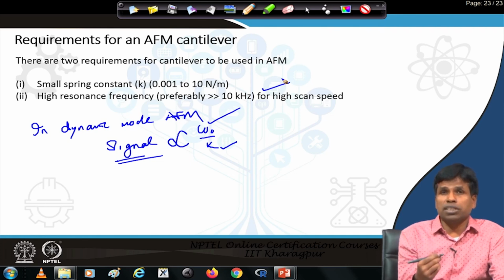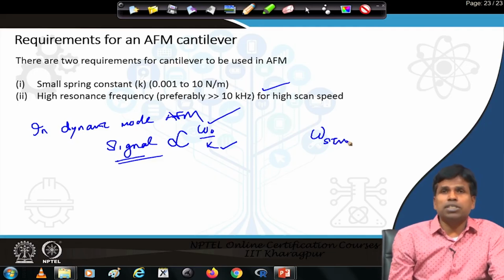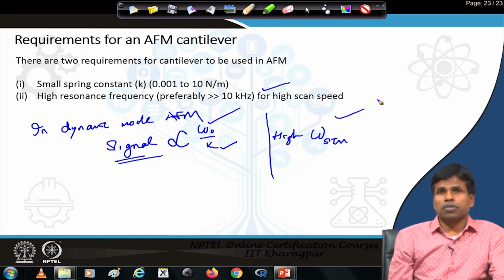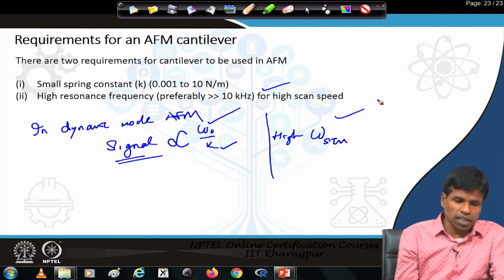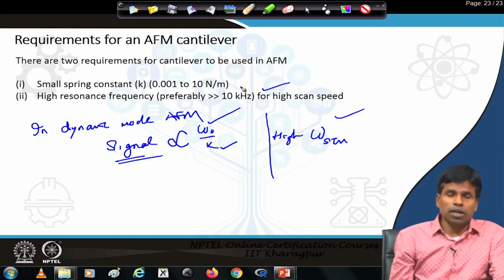We have seen that in STM, a high omega STM is prepared for getting rid of the external vibration. So, similarly here also, having a higher resonant frequency will immune the system from external vibration to a great extent.